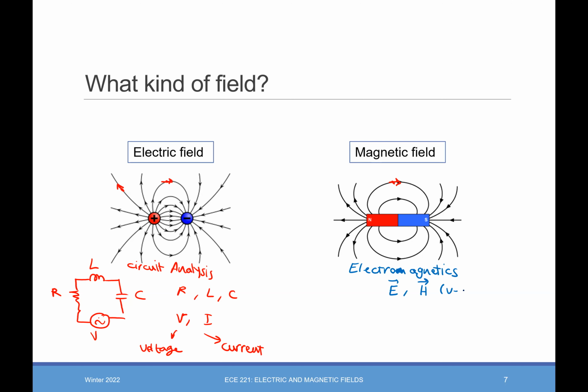And our components are actually permittivity, permeability, and sigma. These are the things that you will learn in this course. Permittivity of a medium acts like the capacitor. So I'm going to call this permittivity.